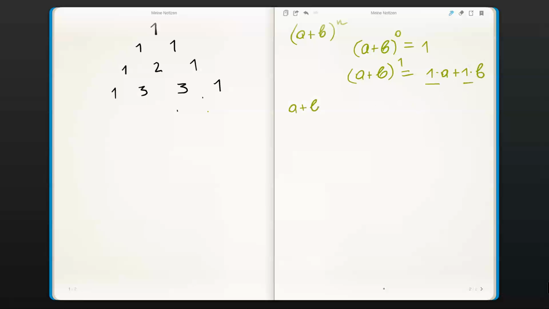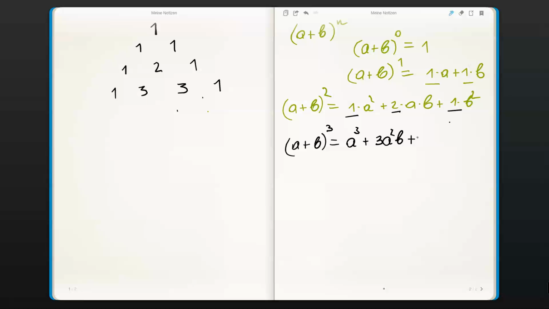If I look at (a plus b) squared, I'm going to have 1 times a squared plus 2 times a times b plus 1 times b squared. And now you see what's happening. We just have 1, 2, 1. And if we consider (a plus b) cubed, we are going to have a cubed plus 3a squared b plus 3ab squared plus b cubed, which is 1, 3, 3, 1.